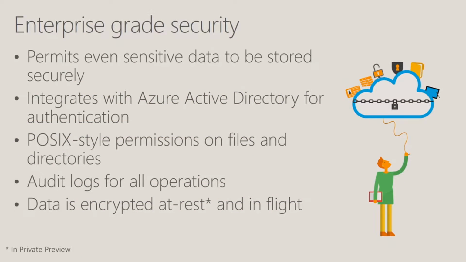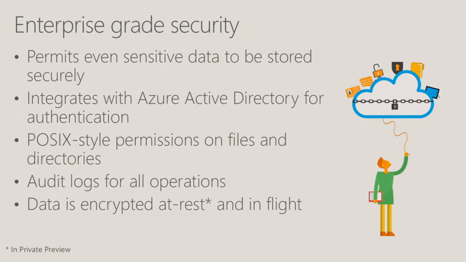Enterprise grade, we talked about it quickly. In all the conversations I hear, we want our applications to be integrated with Azure Active Directory if you're in the cloud, or even with our enterprise AD. And Azure Data Lake Store is built from the ground up to use Azure Active Directory, which can also be federated with your on-prem AD.